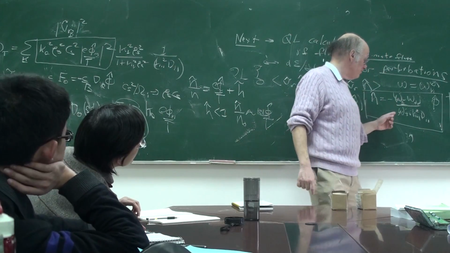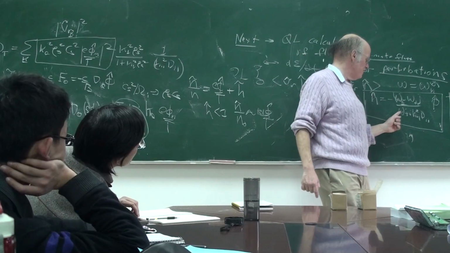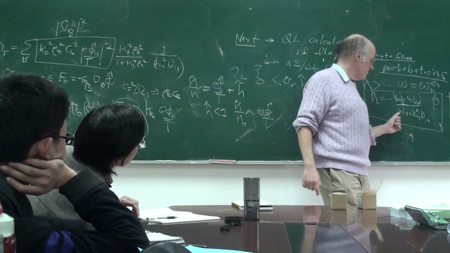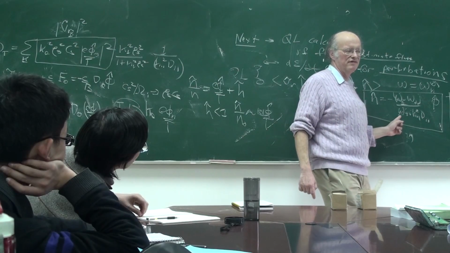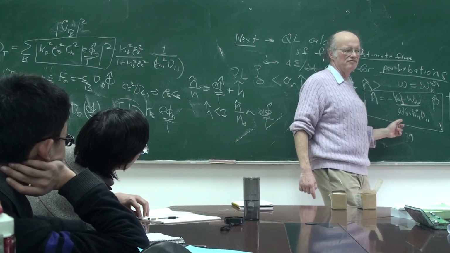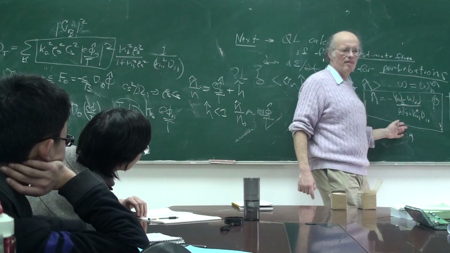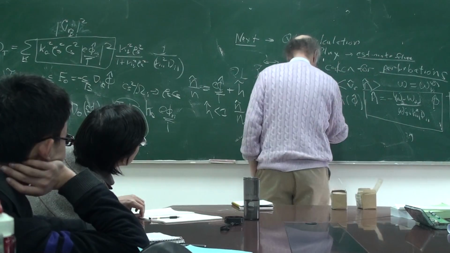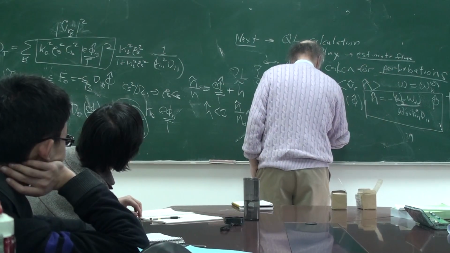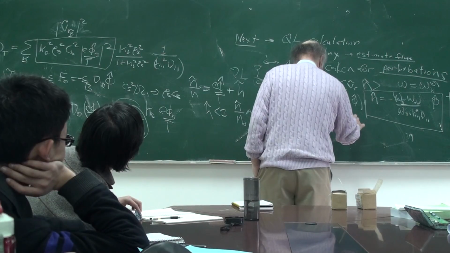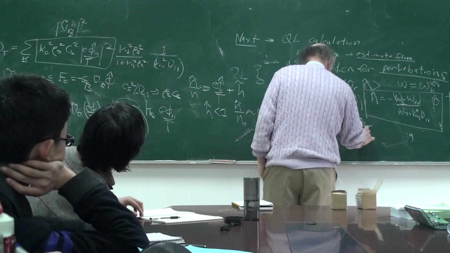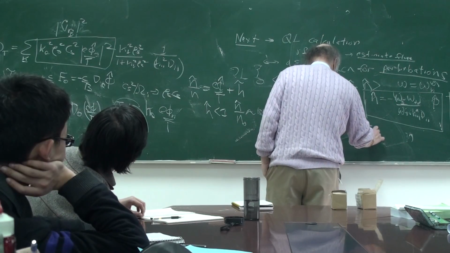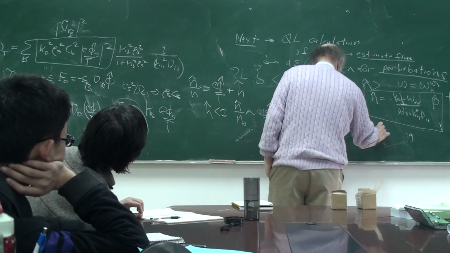By the way, if this is bigger than that, but I don't drop this, would it make much of a difference in the diffusivity? What would the difference be? The answer is, all that would happen is 1 over k parallel squared D parallel would go to k parallel squared D parallel over omega squared plus k parallel squared D parallel quantity squared.